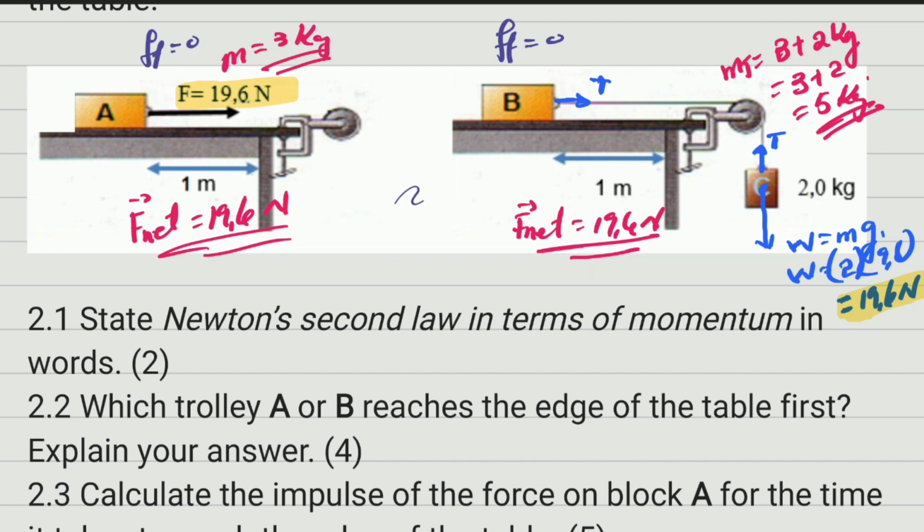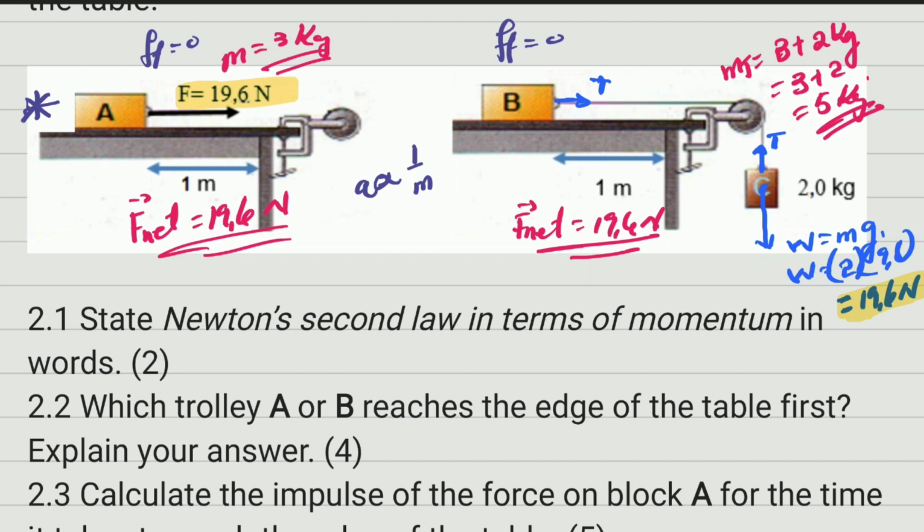And this is coming from Newton's second law. The rate of change in momentum is the same in both cases, guys, because F net is the same and the time is the same. But remember that acceleration is inversely proportional to the mass. So that object that has less mass, which is this case here, will therefore also have a greater acceleration.